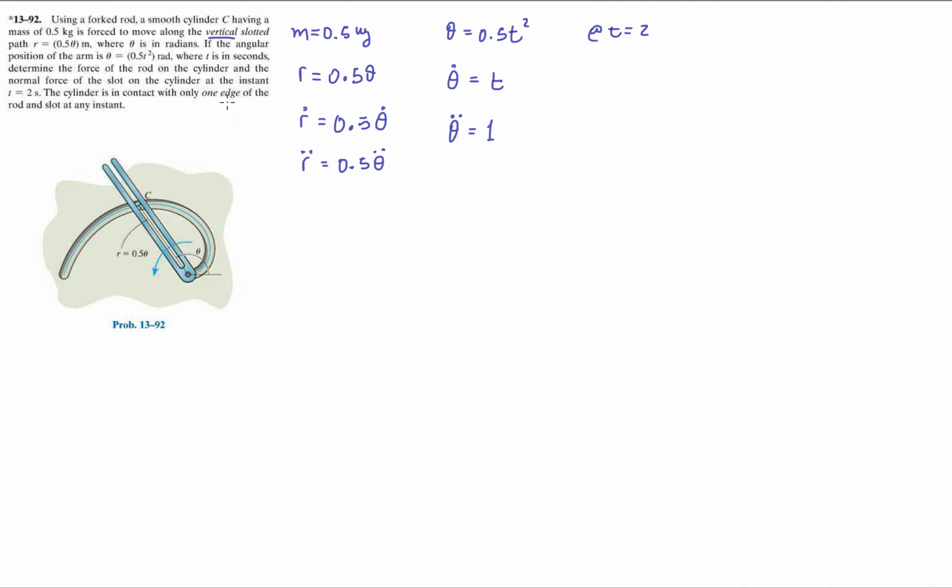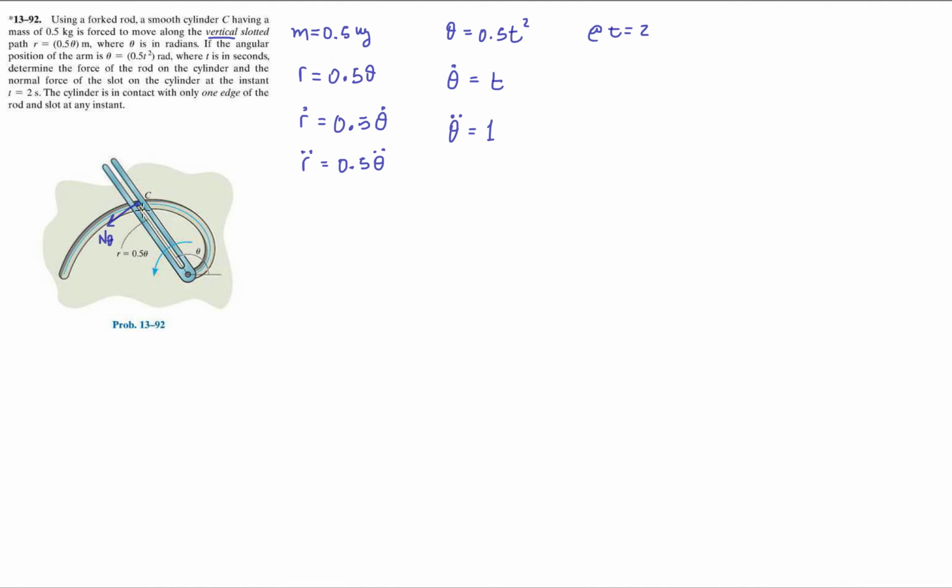What else? This cylinder is in contact with only one edge of the rod and slot at any instant. So we know this is going counterclockwise, which is telling me that if we look at this particle, it has a force. The forked rod is hitting it with a normal force in this direction, and I call this N theta because the normal force is directed along the theta axis.